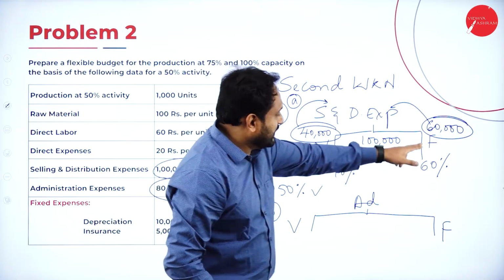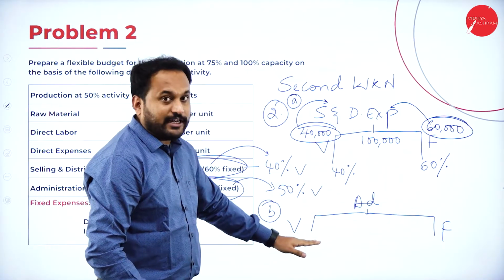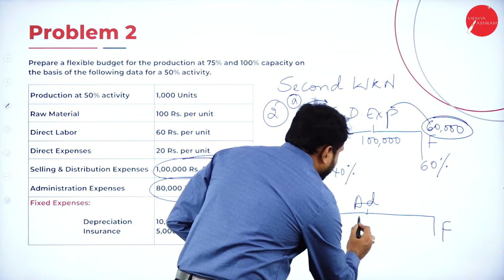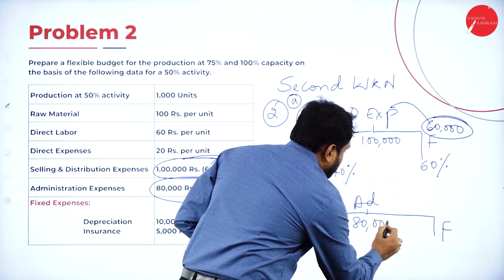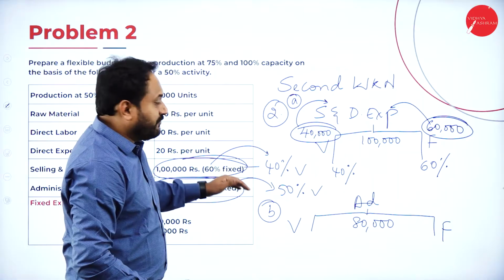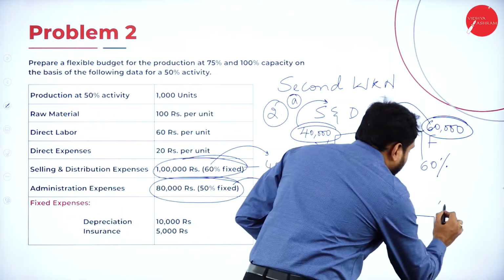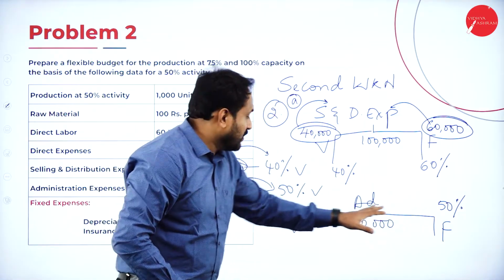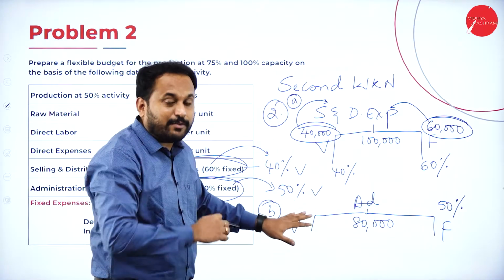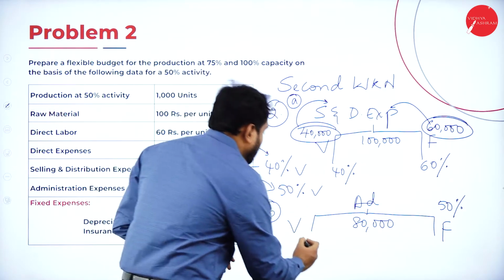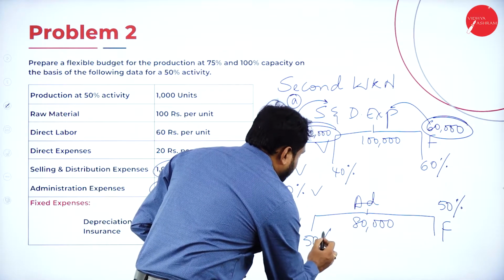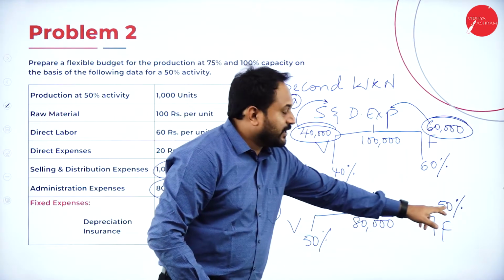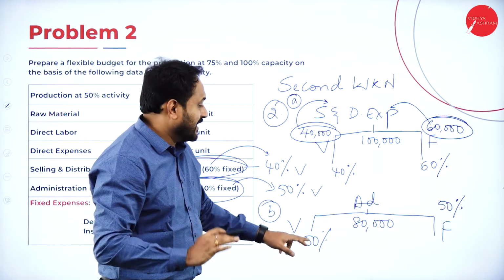Now administration expenses is 80,000 rupees, and they said that 50% is fixed. So here you write 50% is fixed. Now how much percentage is variable? Again 50%. The reason is if you add both, you should get 100%.